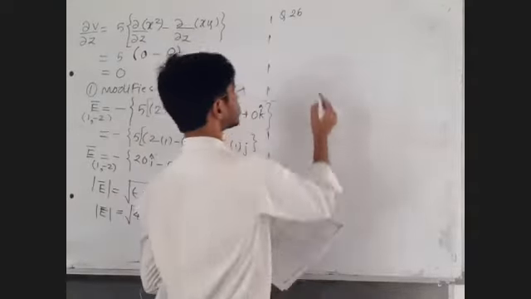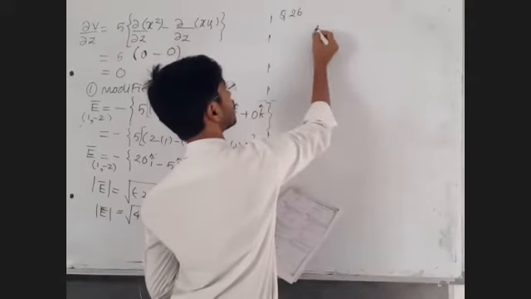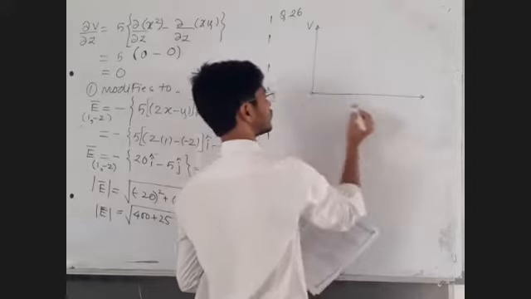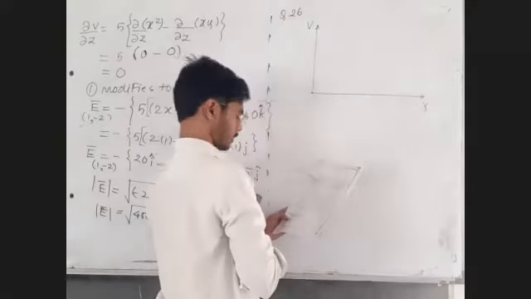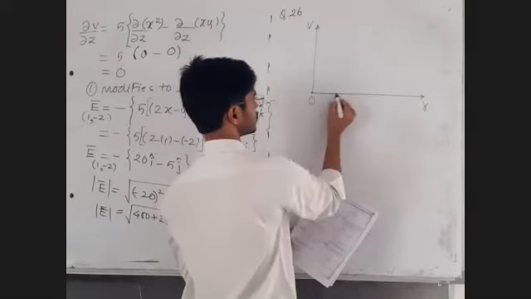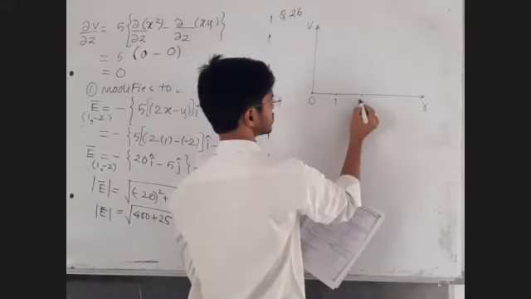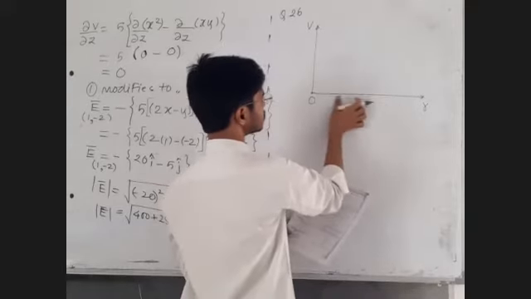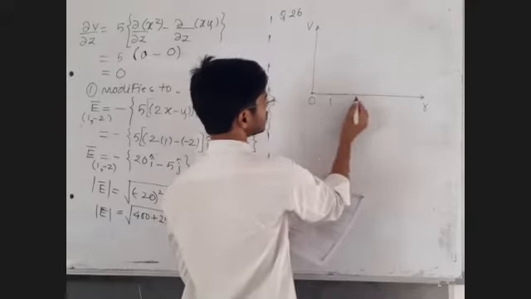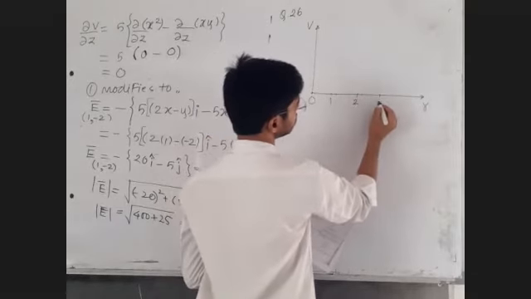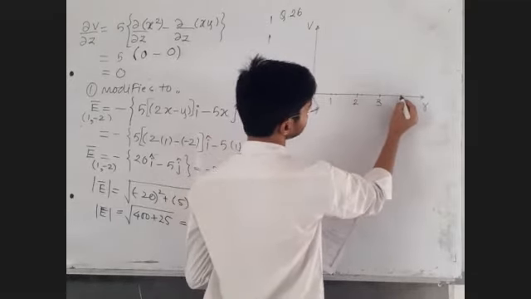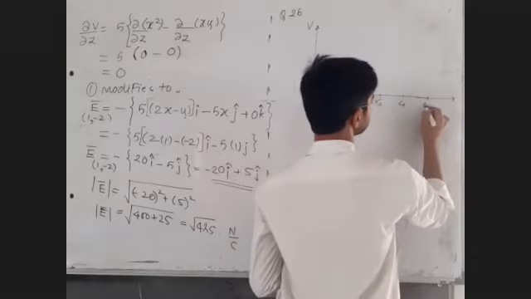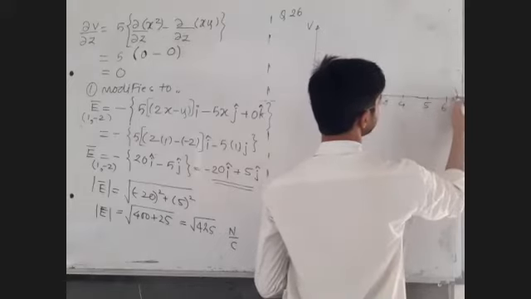Okay, we are given one graph of potential at a given point and the distance of the given point from the origin. Here it is 0, here distance is 1, here distance is 2, 3, 4, 5, 6. Here we have the distance.